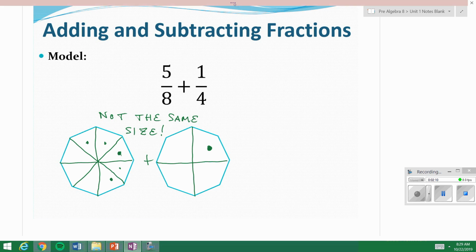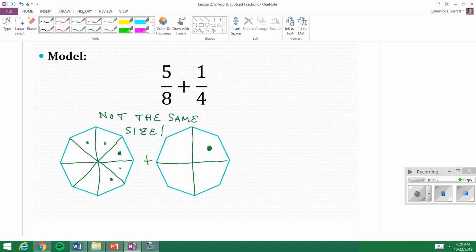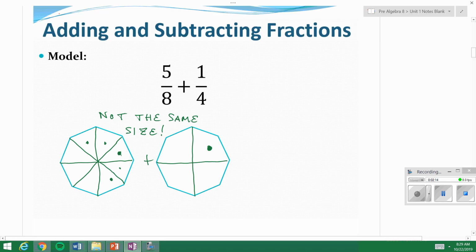Well, I think you might have already some background knowledge, and we did this in the warm-up, hopefully, if this class is going the way that I thought it was supposed to go, that we are going to have to split up the quarter slices into half quarters. And what are half quarters? Well, half quarters are eighths.